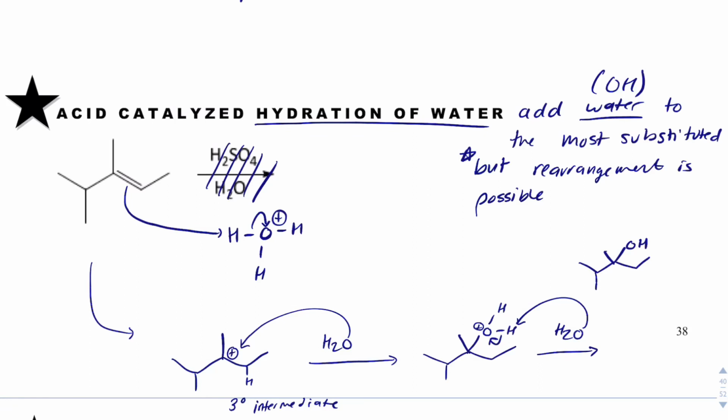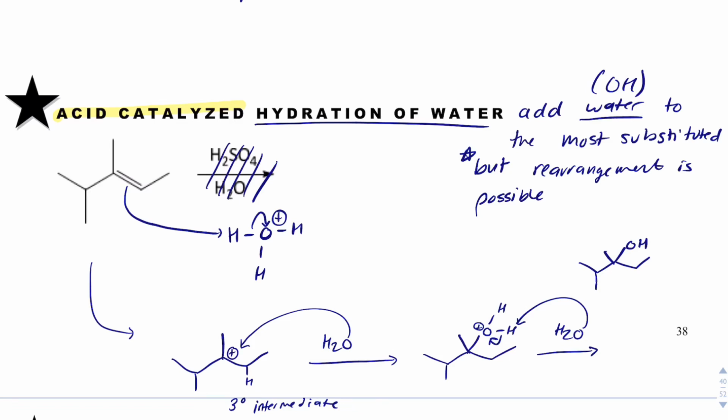Notice that we've called this acid catalyzed because we started with hydronium, and then at the end, water comes back in, reacts with an H plus to form hydronium again. So it is truly a catalyzed reaction. Catalysts are not consumed in your overall reaction, but they do end up reacting.